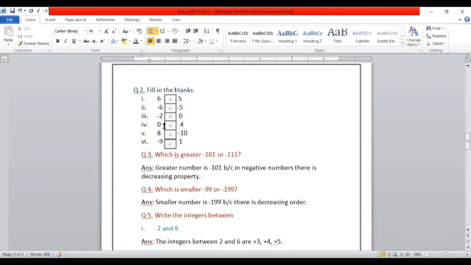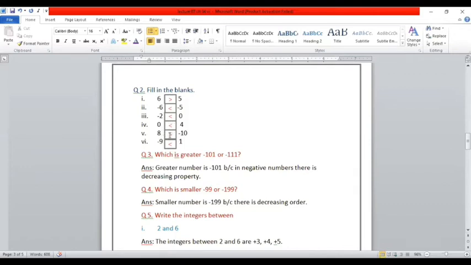Here is the 0. 0 is less than 4 because both numbers are positive, and positive numbers have the increasing property. So this 0 will come first and later the 4 will come. So that's why 0 is less than 4. We will keep the mathematical symbol that opens towards the right.